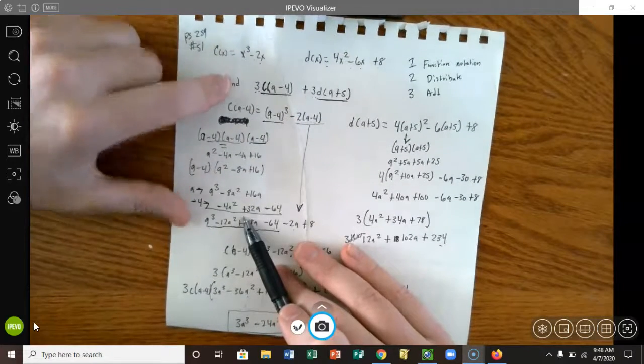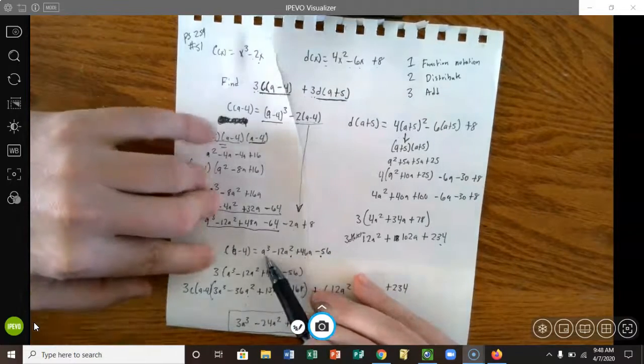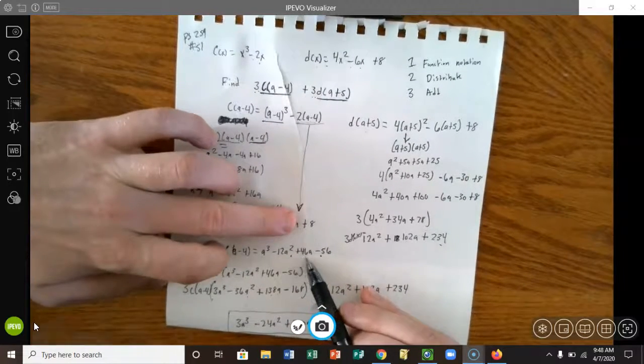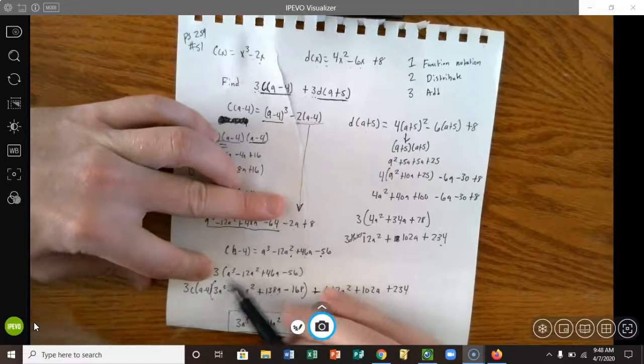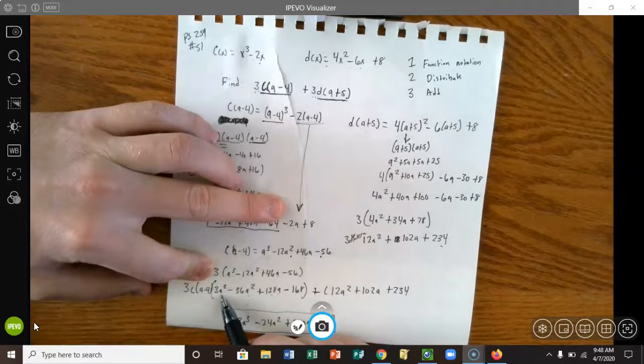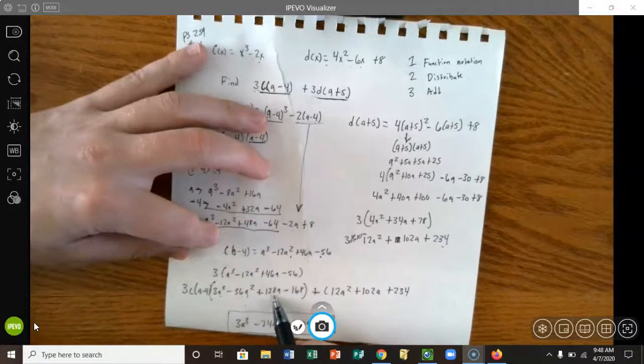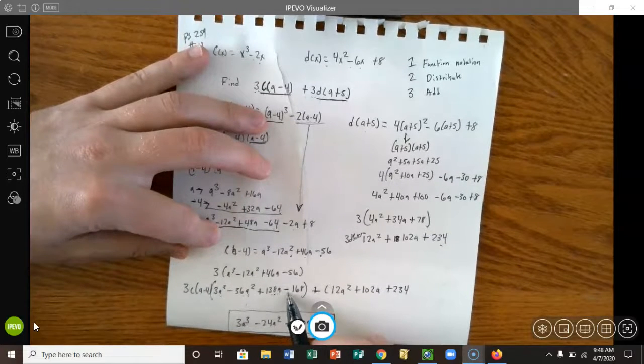With our c side, after we combined like terms, we were left with a cubed minus 12a squared plus 46a minus 56. When we distribute the 3, we are left with 3a cubed minus 36a squared plus 138a minus 168.